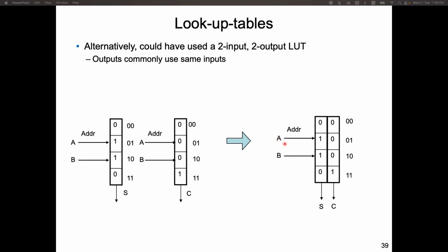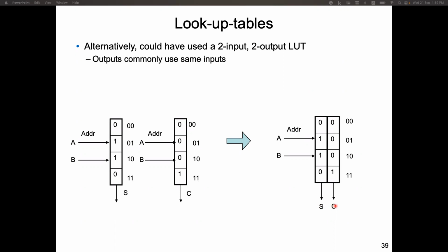If the input is 0, 1, then it points to this row, and we can designate the first column as the sum output and the second column as the carry output.